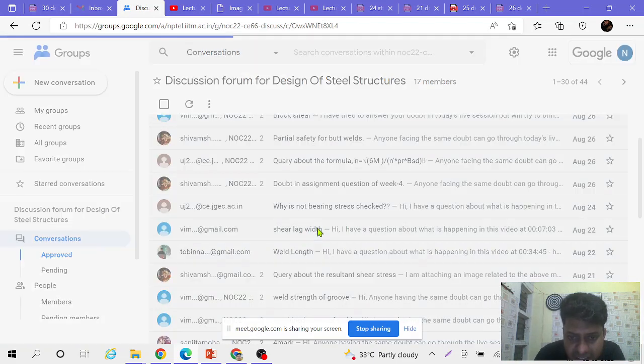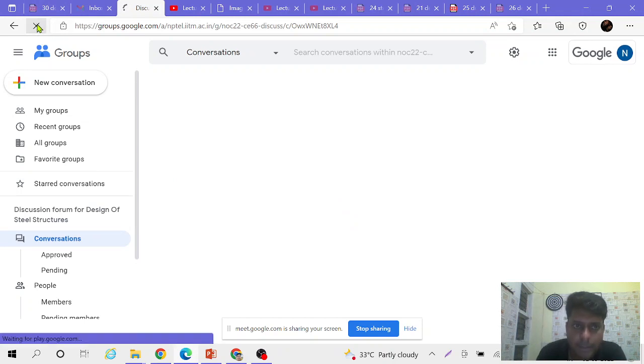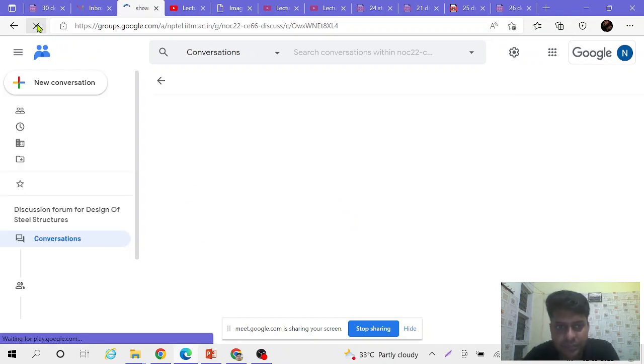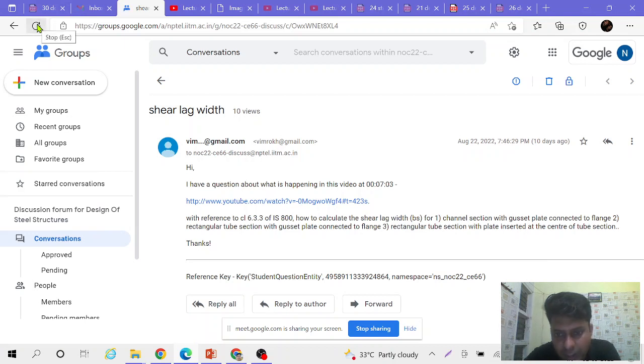Shear lag width. With reference to clause 6.3.3 of IS 800, how to calculate the shear lag width BS?